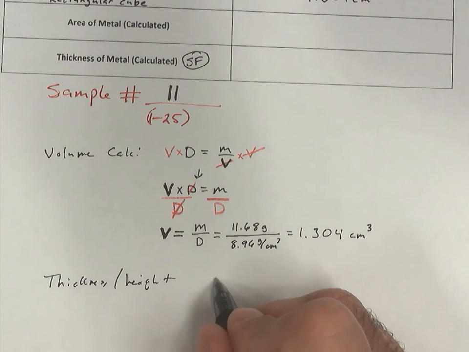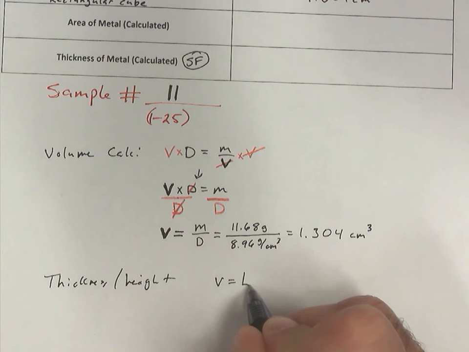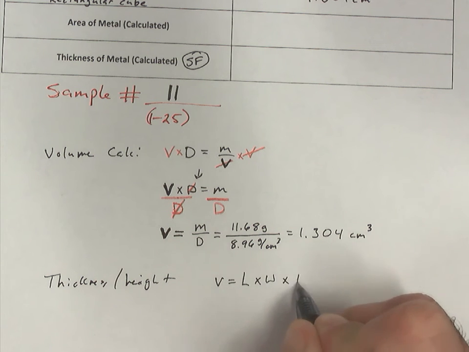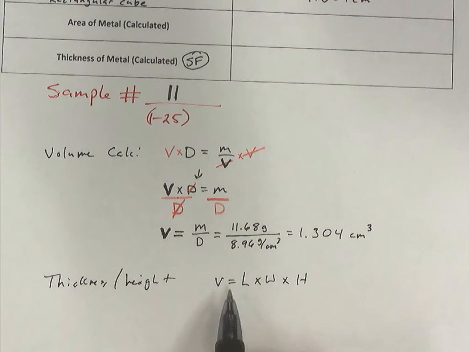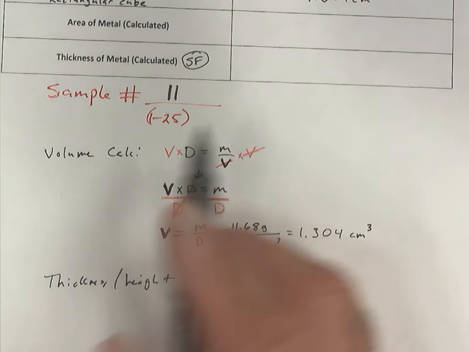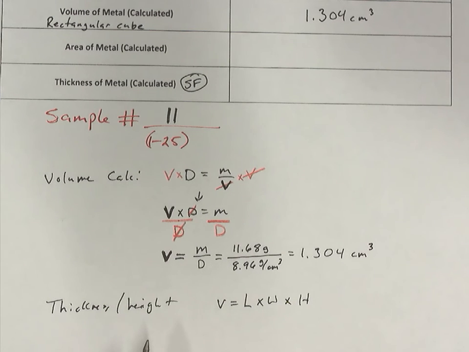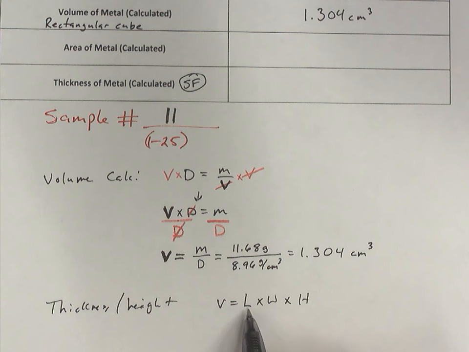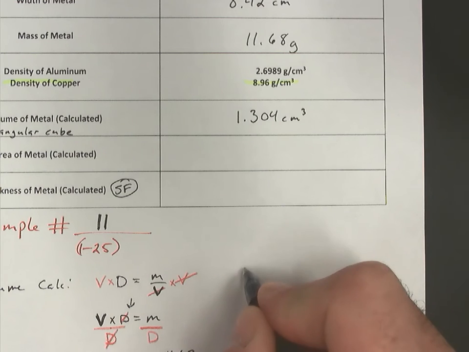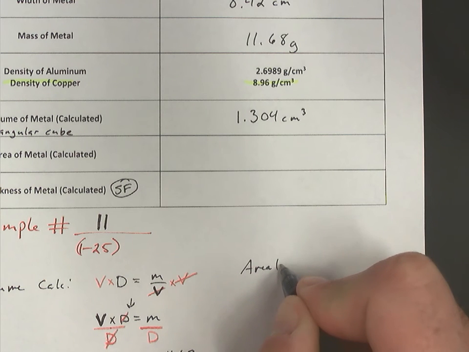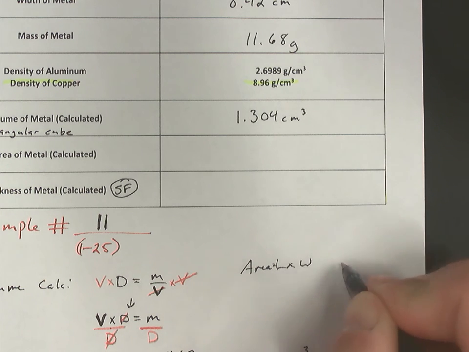And that's going to be V equals length times width times height. The area would be the length times the width. So you can find the area and put that up there. We measured that already. So area equals length times width.